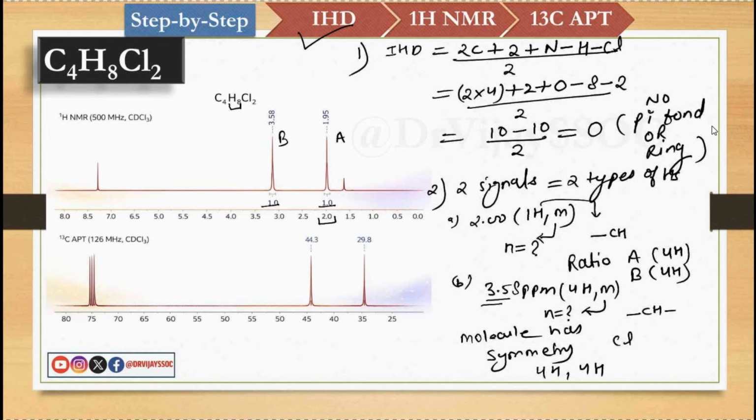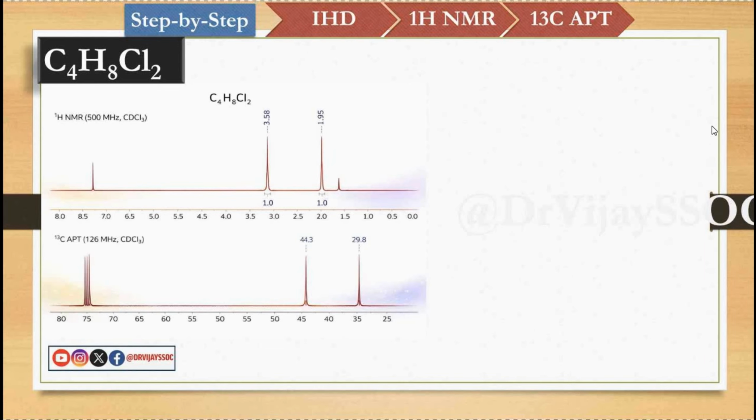Okay, now we will look at the carbon NMR. This is the 13C APT NMR, and we know that upward signals correspond to carbon and CH2, and the downward signals correspond to CH3 and CH. So now here both are in the upward direction.